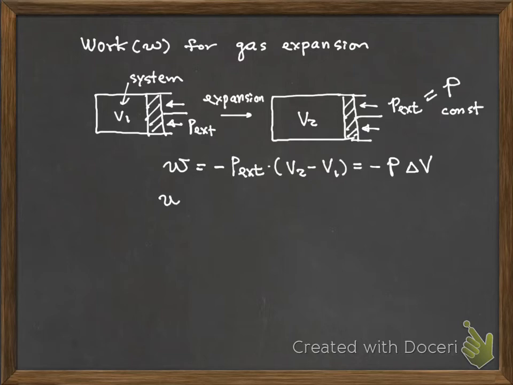So now you start to notice that work is minus P delta V, and for expansion, delta V is positive. Pressure is always a positive number, so therefore for expansion the work is negative. And what's the meaning of this negative work?